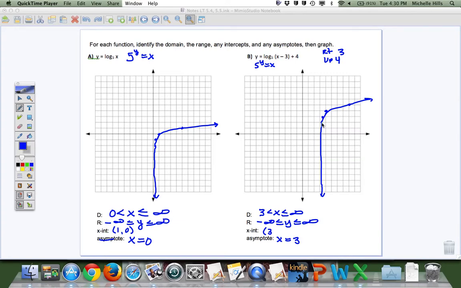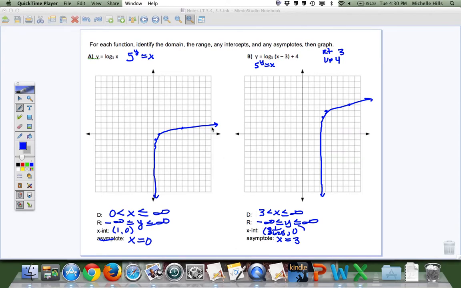This would be 1/25th, so 5 to the negative 2. And then 5 to the negative 3, 5 to the negative 4. 5 to the negative 4 power is 1/625th. So my x-intercept is at 3 and 1/625th, and y is 0. That should look like a very large 3, not 3,625.